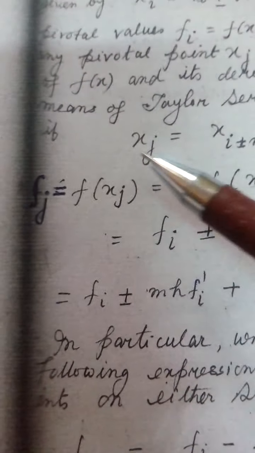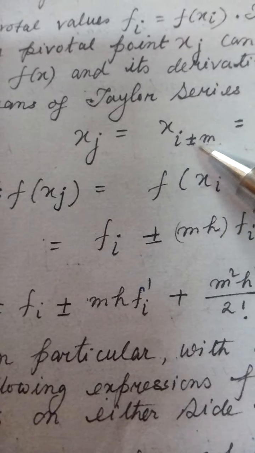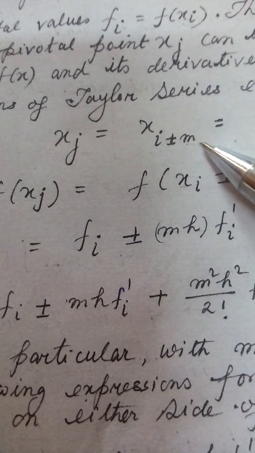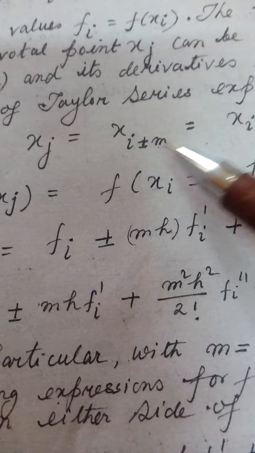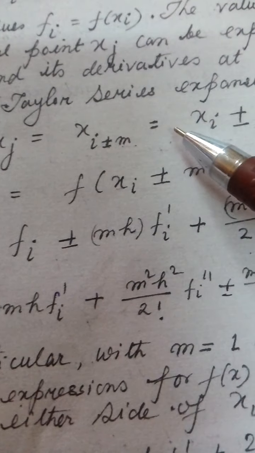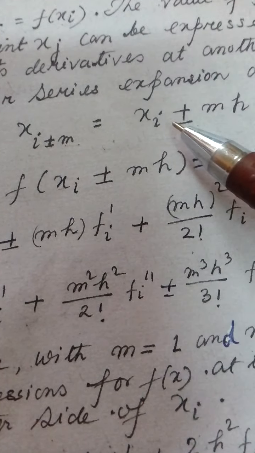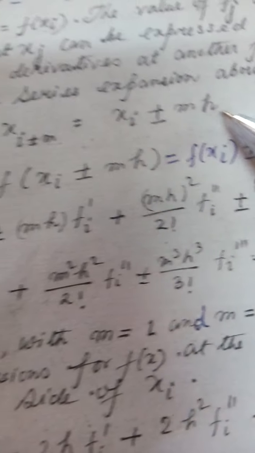Thus, if xj is equal to xi plus or minus mh, m is a number 1, 2, 3, 4, 5. Now what is Taylor series?